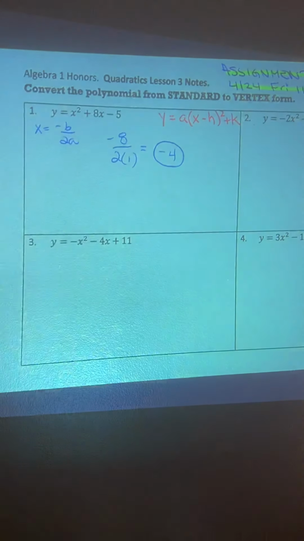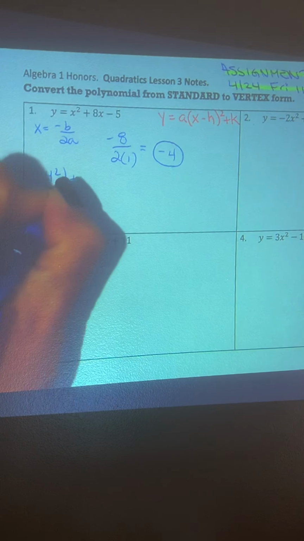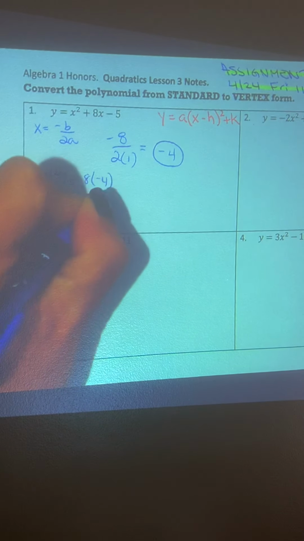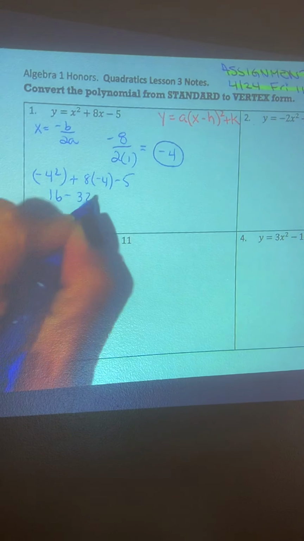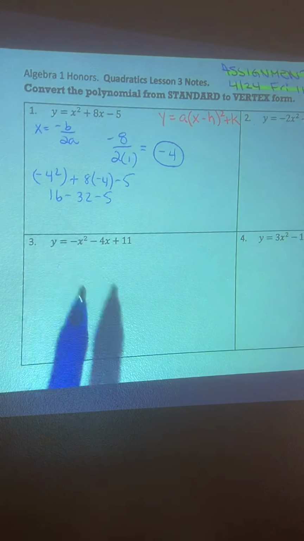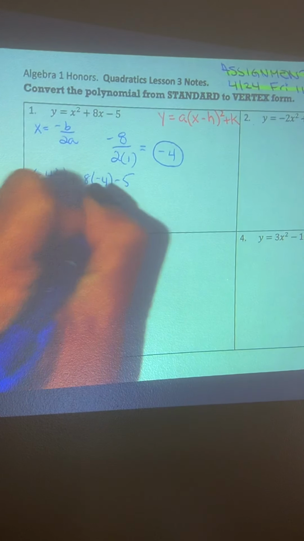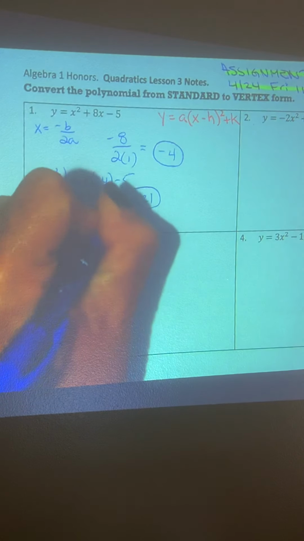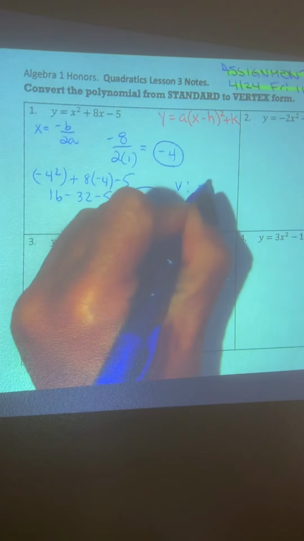Now we're going to plug it back in: 8 times negative 4 minus 5. And of course, here's my opposite and doubled: 16 minus 32 minus 5. 16 minus 32 gives me negative 16, minus 5 is negative 21. So now I have my vertex. My vertex is (negative 4, negative 21).